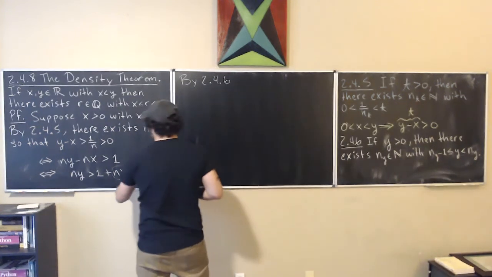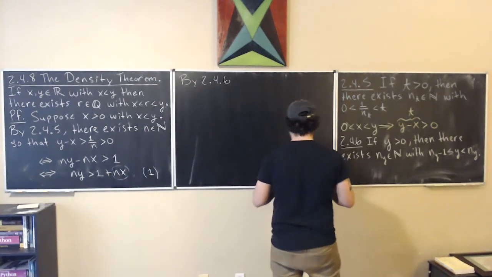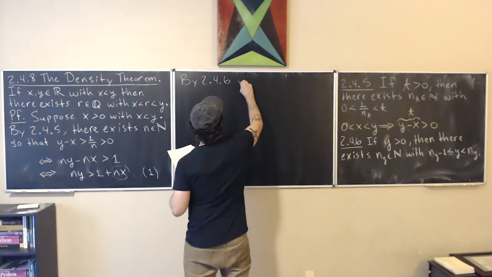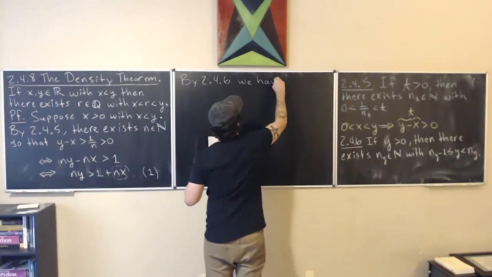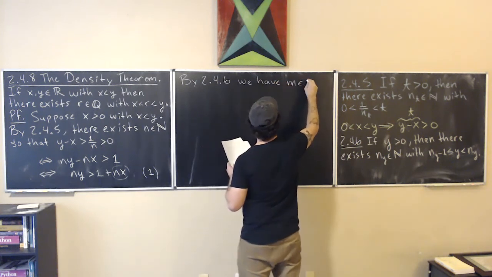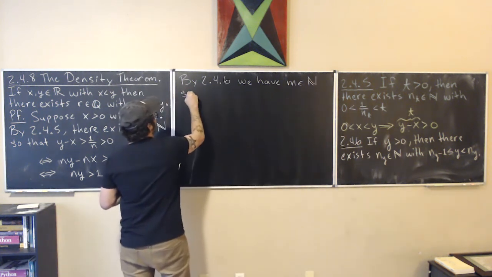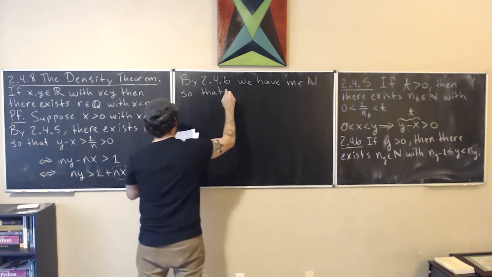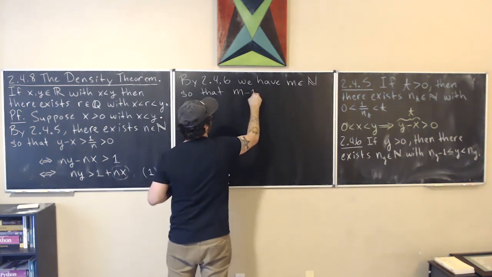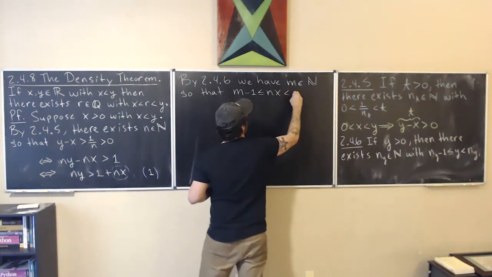So we focus on that number, which is greater than 0, by the way, because x is greater than 0 and n is a natural number. We have maybe some natural number m, so that we have that m minus 1 is less than or equal to nx, which is less than m.